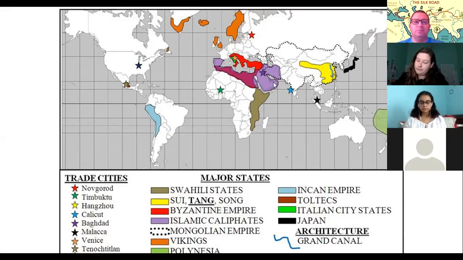We've got the Muslims over here in that purplish color. Then you've got the Byzantines a little bit further north. And then notice up here in Scandinavia, up in Northeast Europe, you have the Vikings. Now our Silk Roads trade is going to be represented by these dotted lines.